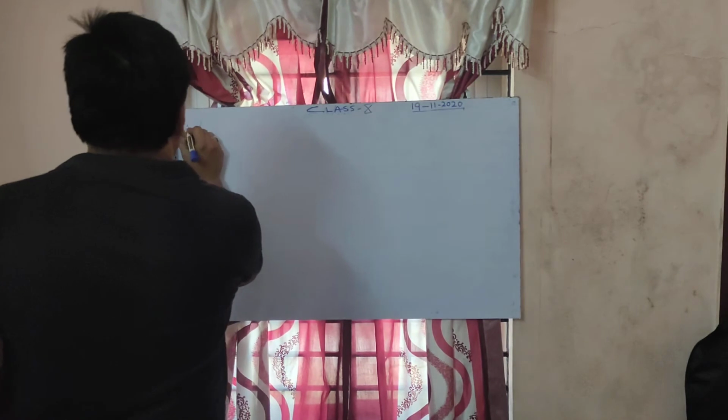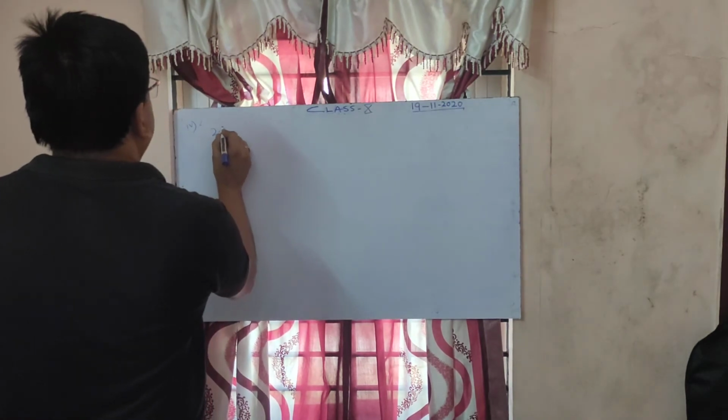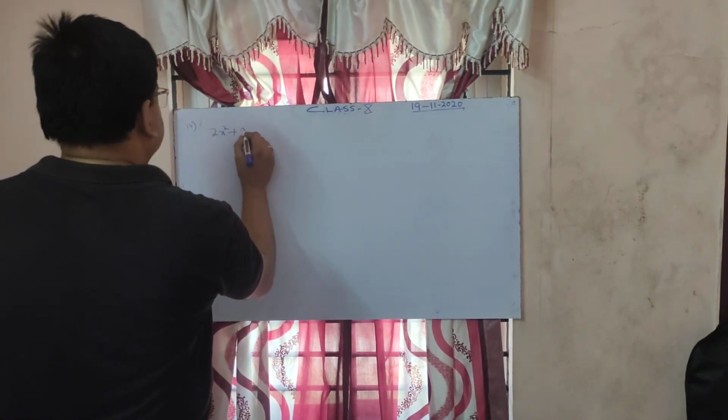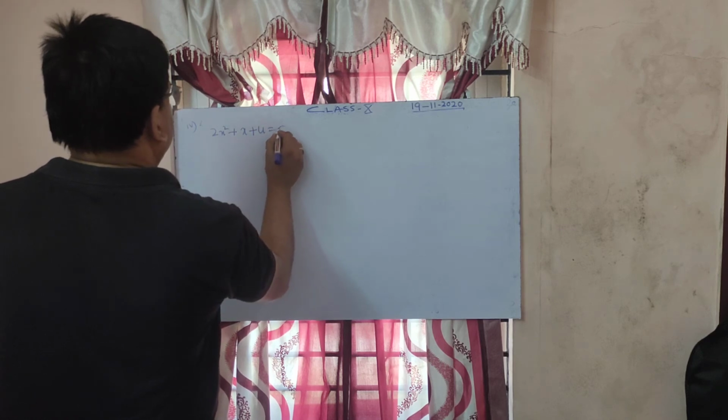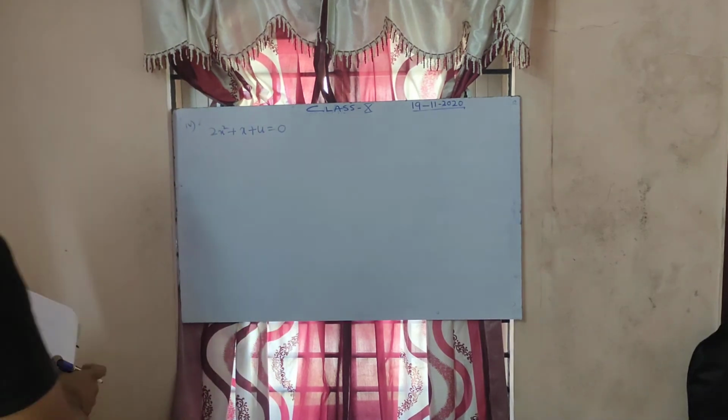Fourth example: 2x square plus x plus 4 is equal to 0.